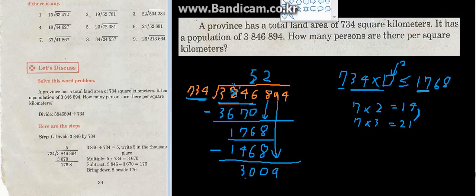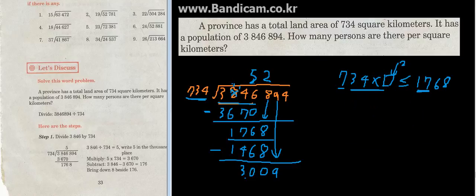This time I will erase this part. Now let's look at it. In this case, 3009 should be bigger than a certain multiple of 734. It's about 3000, so let's look at 7 and 30. 7 multiplied by a certain number should be smaller than 30.